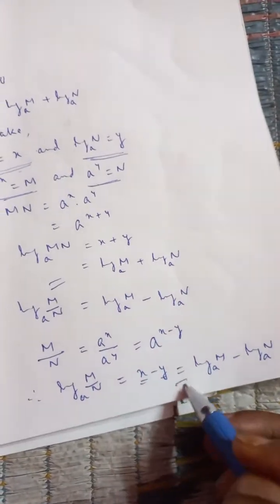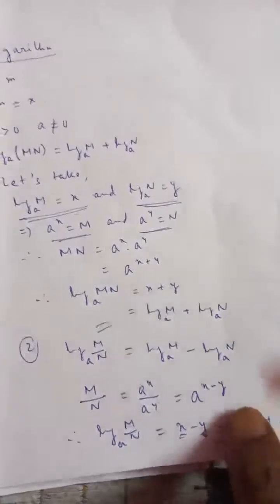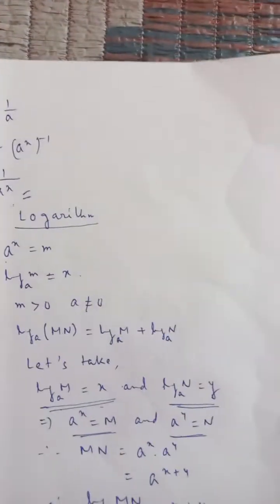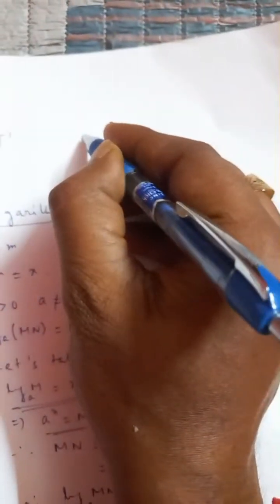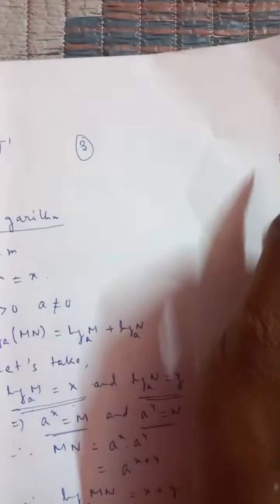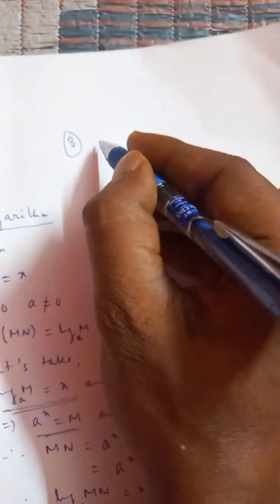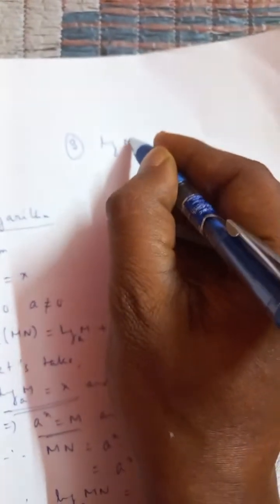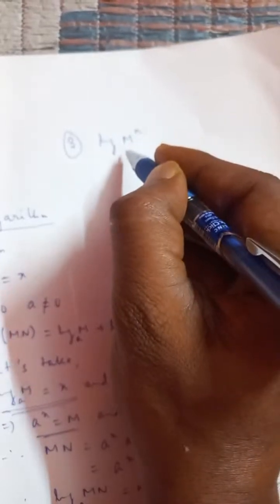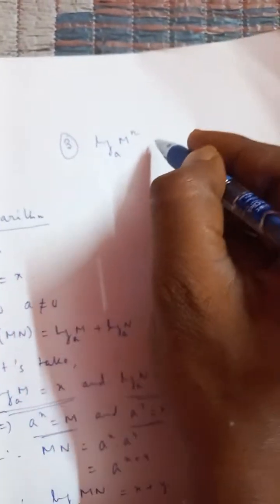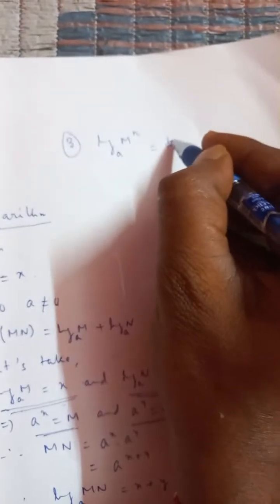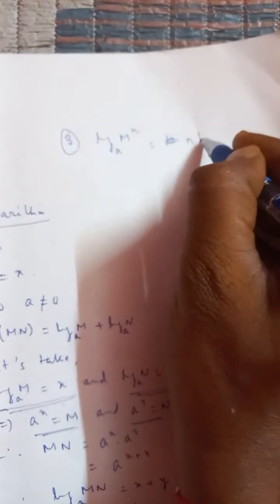Now the third formula. Log of m to the power n base a will be n log of m base a.